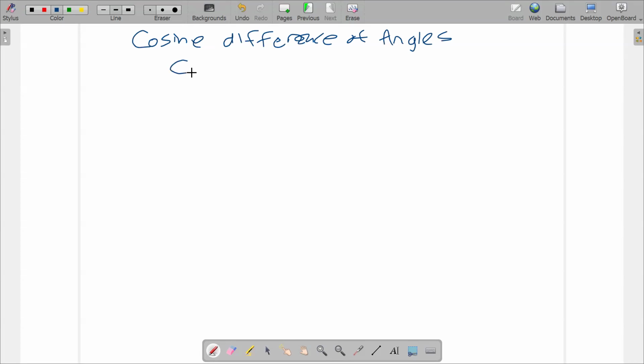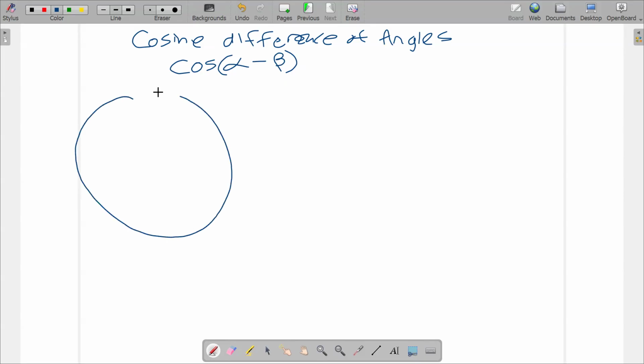So what I want to do is try and come up with a formula for the cosine of the difference of two angles. And to do that, I need to look at an angle alpha and beta. So I'm going to hang out in quadrants 1 and 2 here.